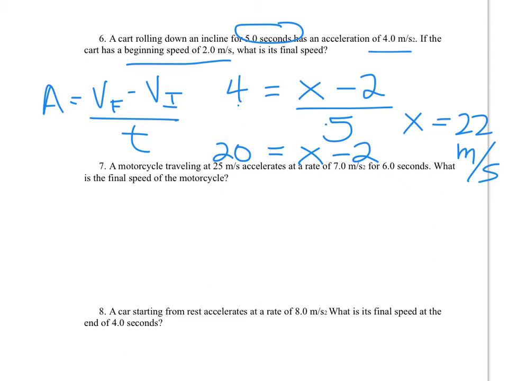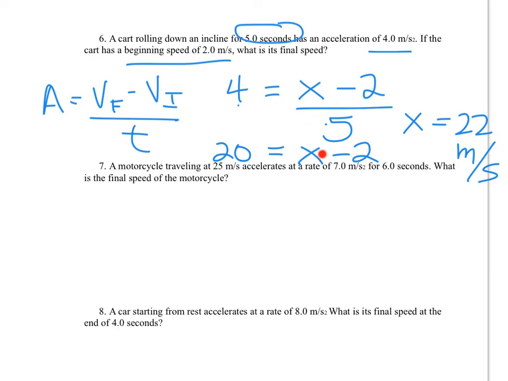Now, if you think about it, it actually makes a lot of sense. If I'm accelerating at 4 meters per second squared, that means that every second my speed changes by 4.